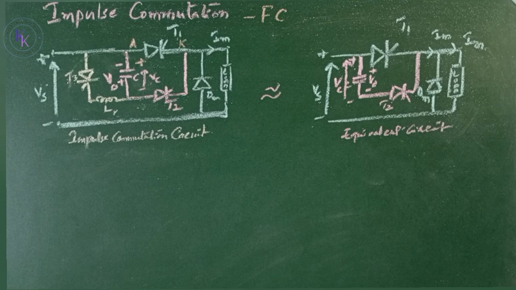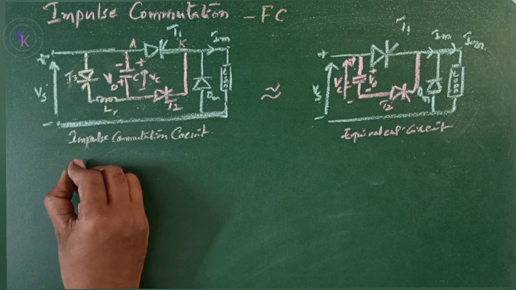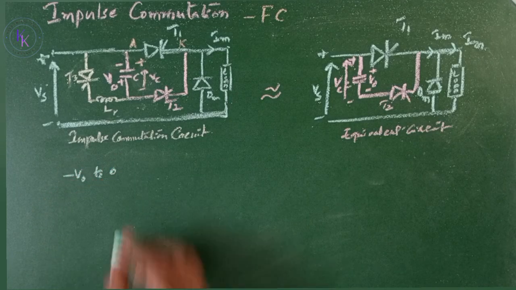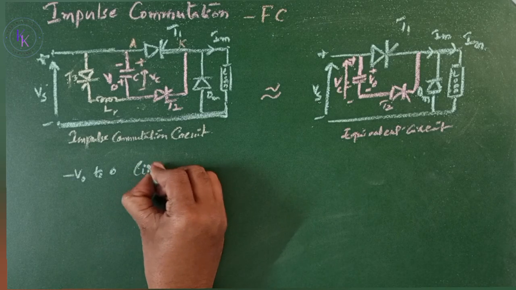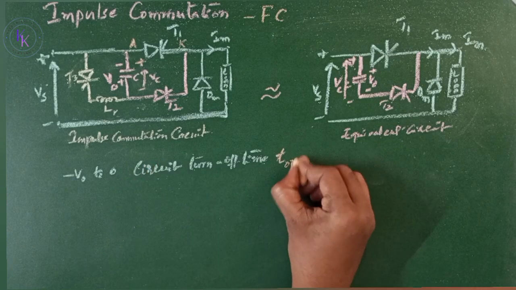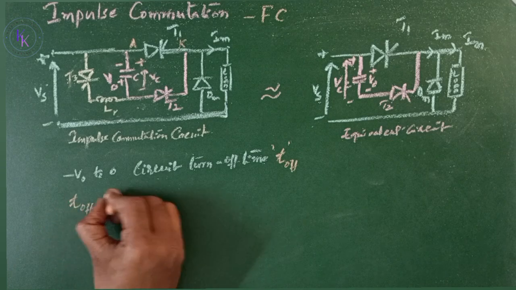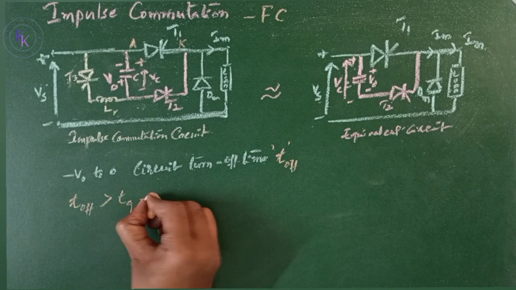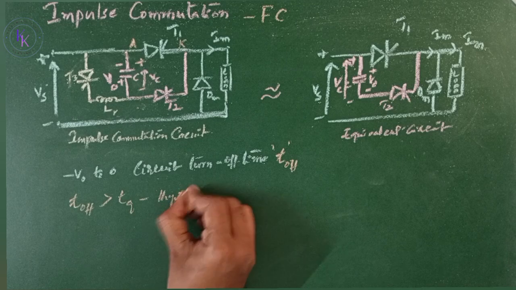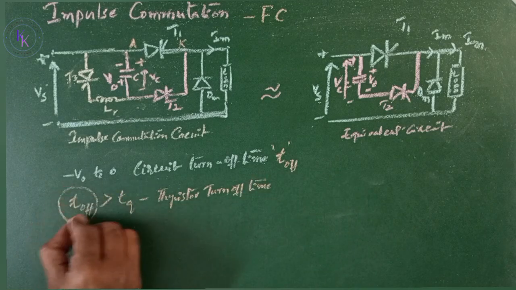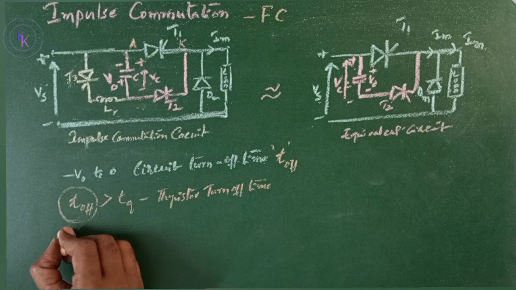The time required for the capacitor to discharge from minus V0 to 0 is called the circuit turn off time and is denoted with T off. This T off must be greater than TQ, which is the thyristor turn off time. You can say that T off is the available turn off time.